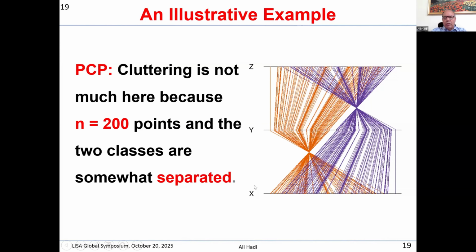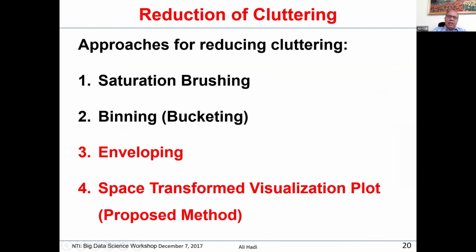The relationship between y and x is similarly obtained. We can see that we have two classes in this three-dimensional data, and actually the variable y by itself can be used to separate these classes. However, if we use only y, we can see there are some gaps here that may lead us to different conclusions. So this is the quick introduction of the parallel coordinate plot.